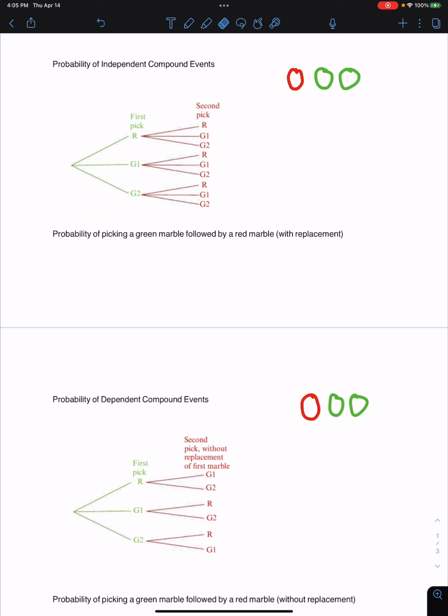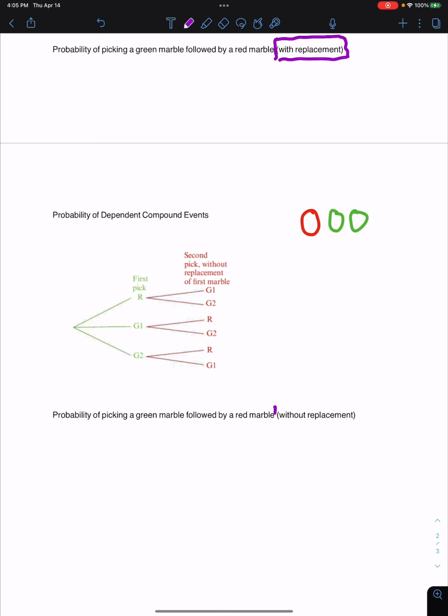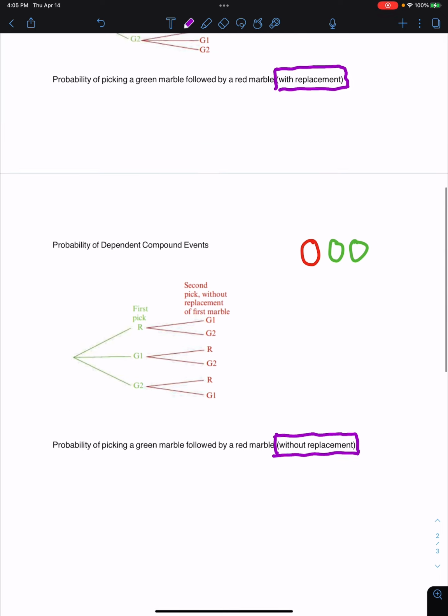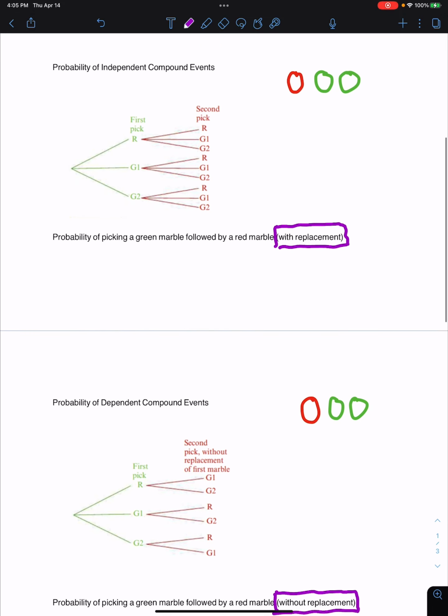So again, the biggest thing that we want to think about here is with an independent event, we have with replacement. And for a dependent event, we're going to have without replacement. That doesn't change. However, there's a slightly different way of thinking about calculating the probabilities.